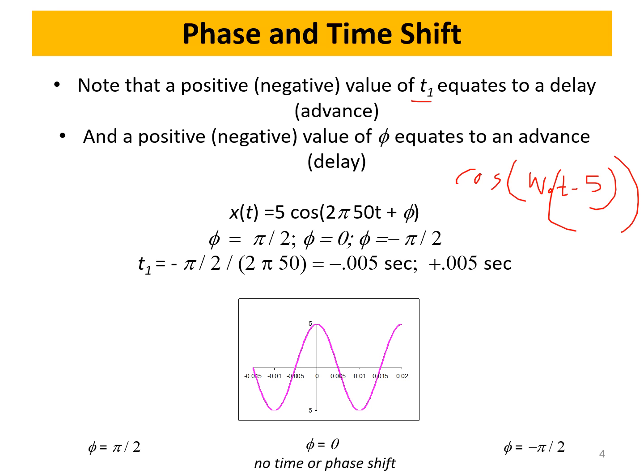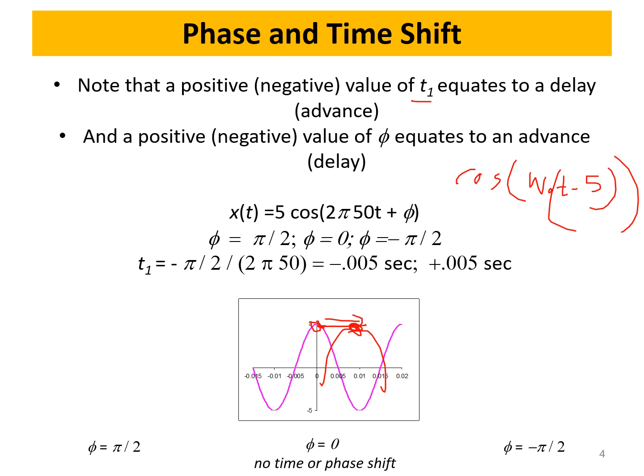This is when it's only w0 t, and if you make t minus t1, you're moving it this way. So the peak is delayed. It's going to be here, let's say. This peak will be moving there, and that's a delay in time. So that's a positive value.